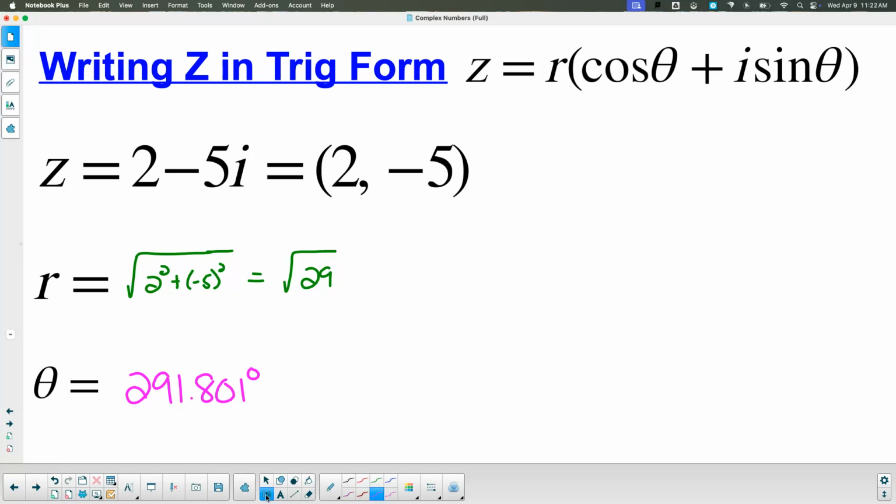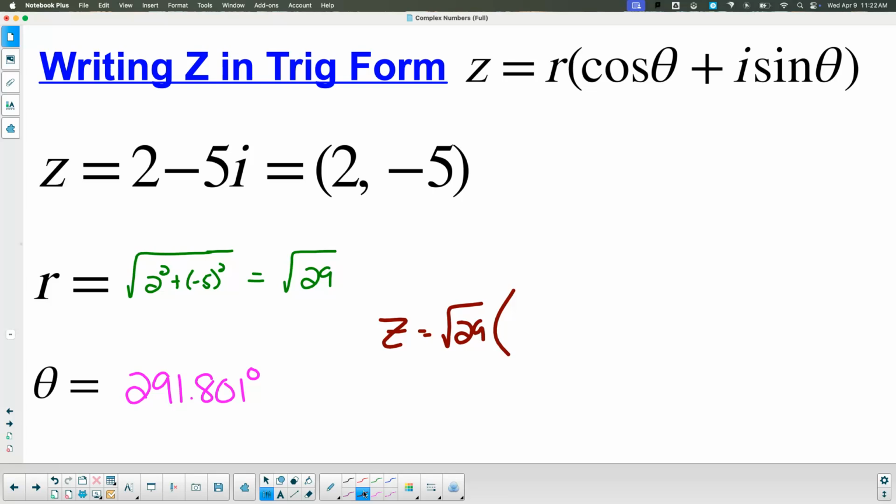Okay? So the trig form of this complex number would be z, that's the name of it, the name doesn't change. My r value would be the square root of 29.